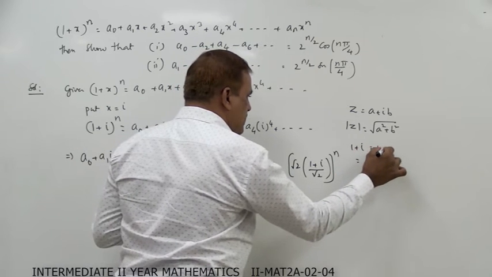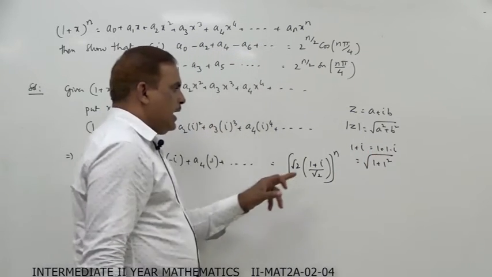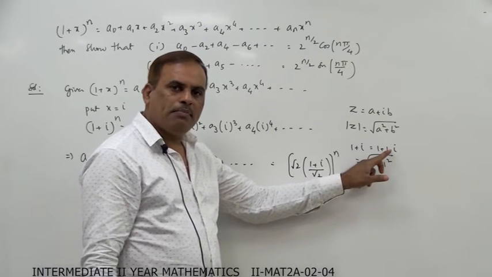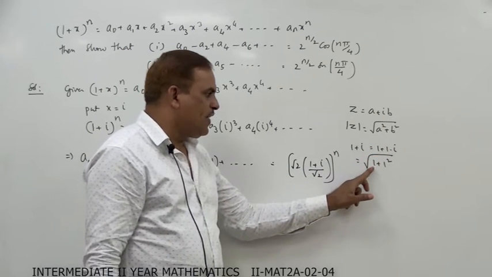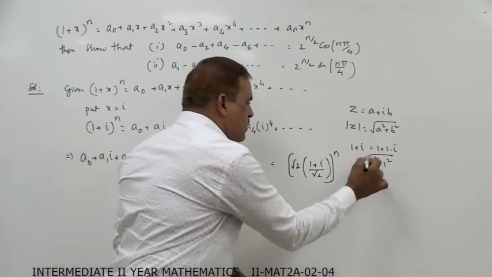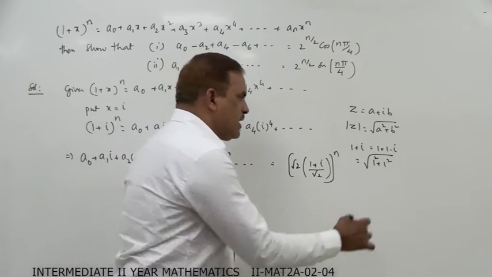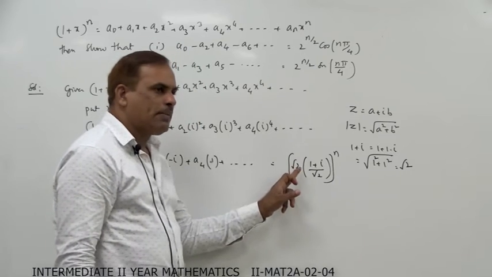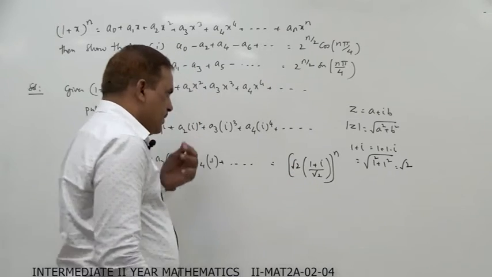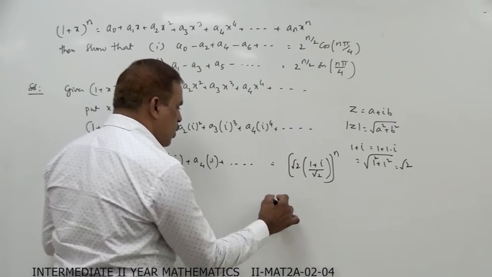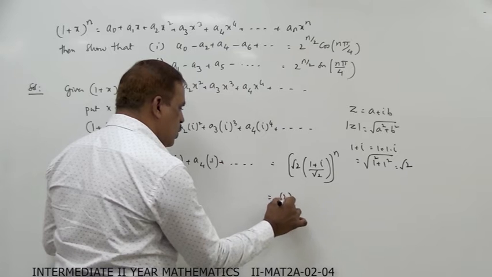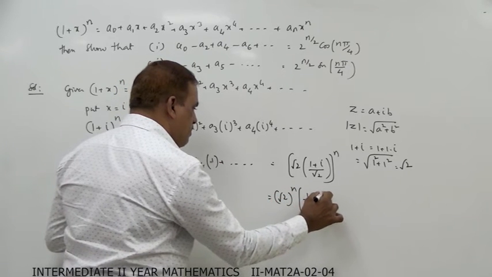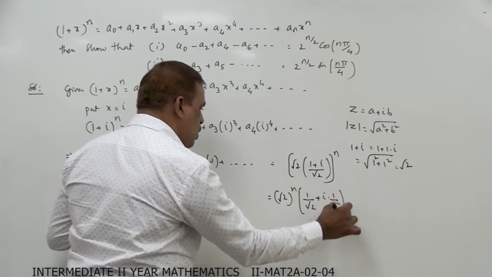This is 1 plus 1 into i. It's now in the form of a plus ib. In the a place there is 1, in the b place also there is 1. Root of a square plus b square. a square is 1 square, b square is also 1 square. This is root 2. So let's multiply by root 2 and divide by root 2. So root 2 into (1 plus i by root 2) whole power n. This is root 2 to the power of n into (1 by root 2 plus i into 1 by root 2) whole power n.